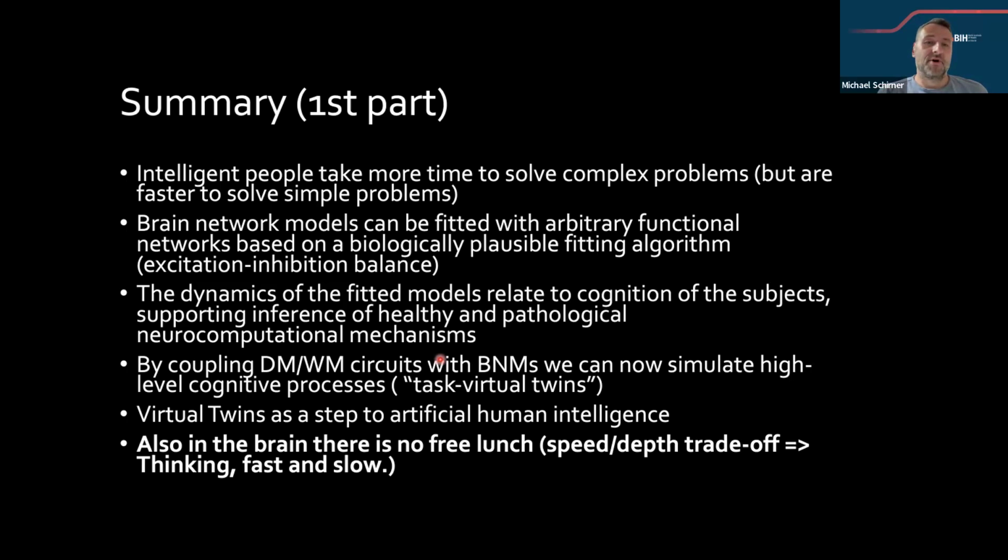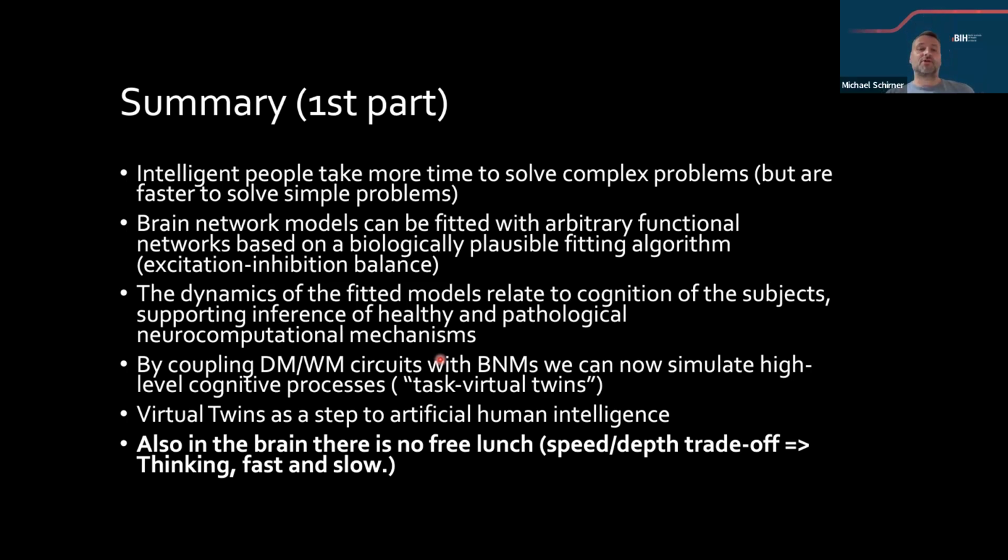The dynamics of the fitted models relate to cognition of the subjects, supporting inference of healthy and pathological neurocomputational mechanisms. And by coupling decision making and working memory circuits with brain network models, we can now simulate high level cognitive processes. We now have task virtual twins that allow us to explain the intelligence of the underlying humans. And we see this as a first step to really artificial human intelligence.